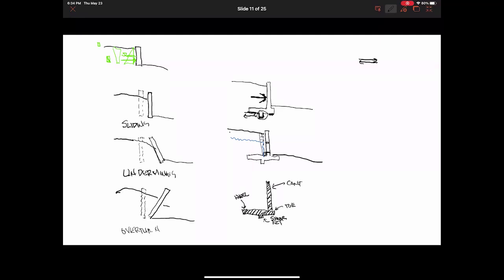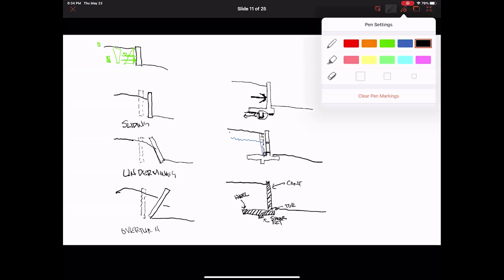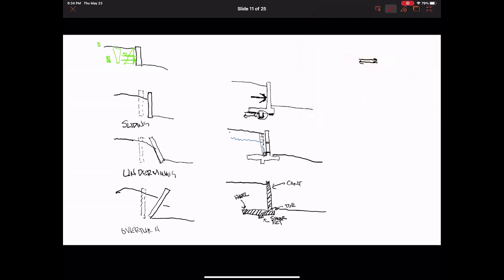So we have the soil up here, we have the soil down here. To put it in the same way as before, we have this force. The resultant force is going to be here, a third of the way up. Of course, there's a bunch of little ones, but the resultant force is going to be a third of the way up. And that's going to want to topple this whole thing over.